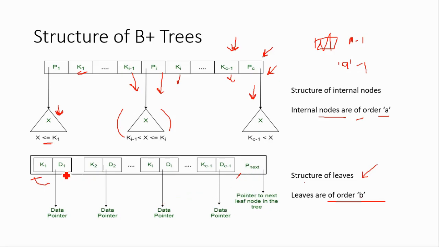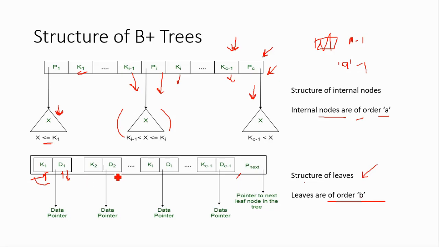Now here is the arrangement also. K is the key, and along with that there will be a data pointer. In examples of B trees, the data pointer is generally not shown, but it may be there if we are using a B tree for storing data. As we have said, B trees are not much used for storing data in memory, so B plus trees are used.